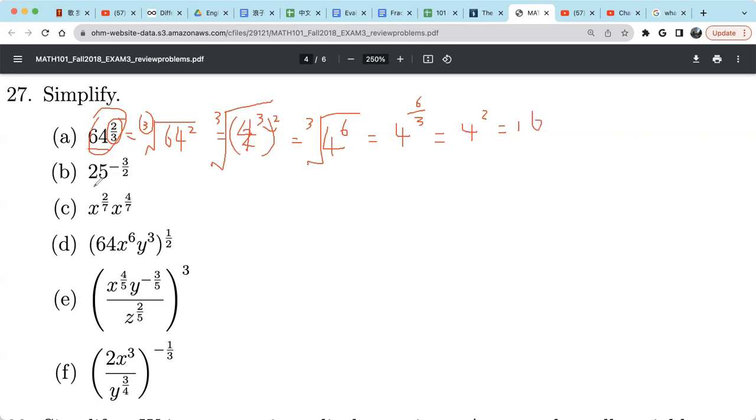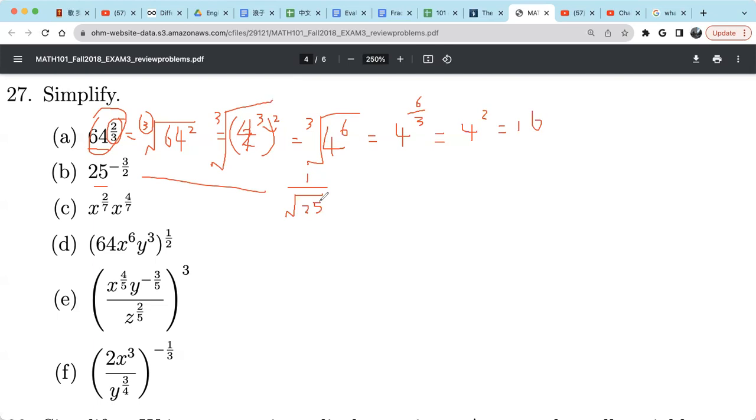The second one with negative exponent. How do we write this one? Negative exponent means it's 1 over, then we have square root, because the rational exponent denominator is 2.